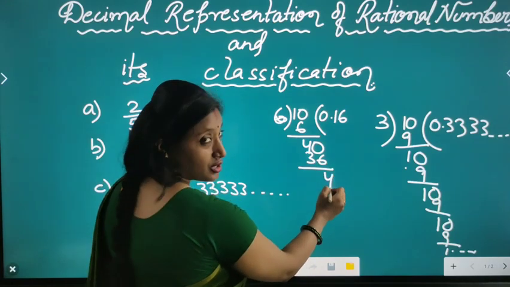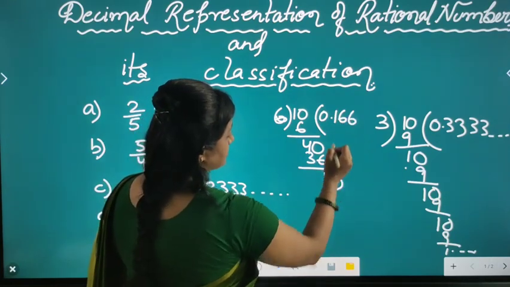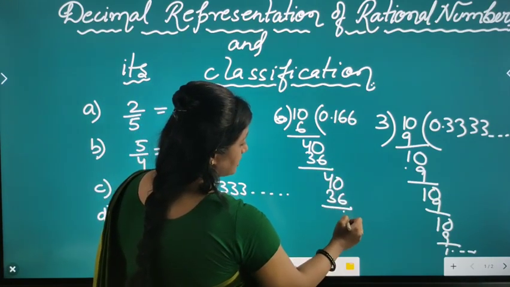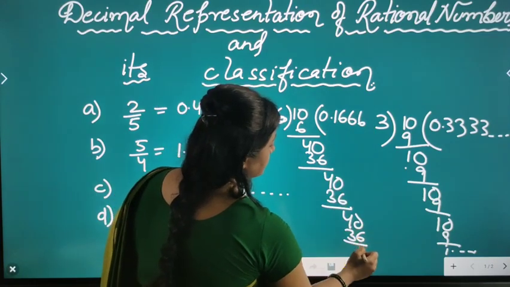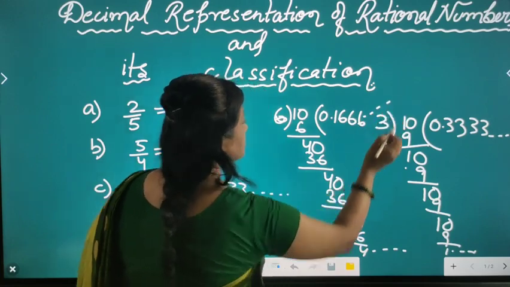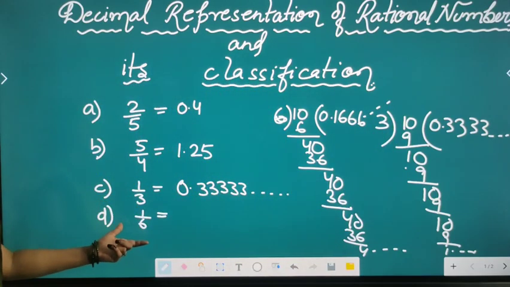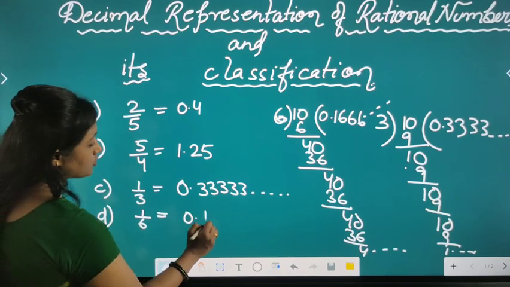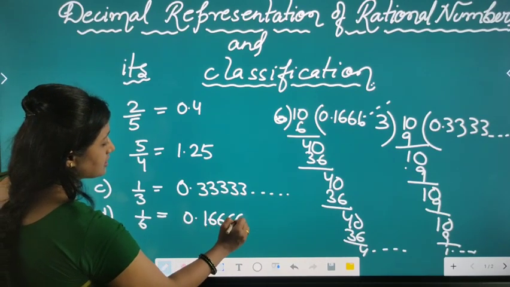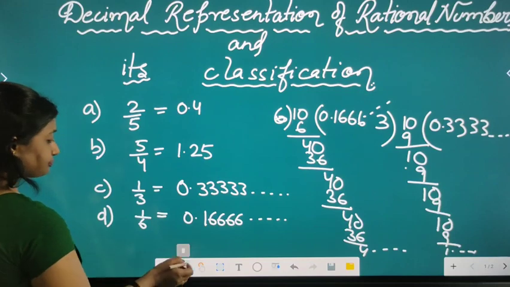Then once again 4, once again 0, then 6 sixes are 36. Then once again 4, once again 0, then 6 sixes are 36. And again this process will continue. That is the decimal representation of 1 by 6. We have got 0.1666, and so on.